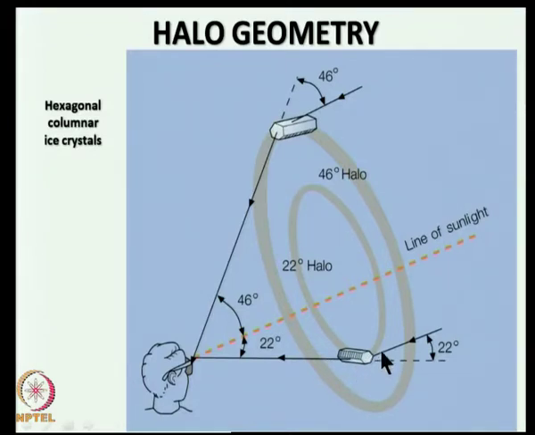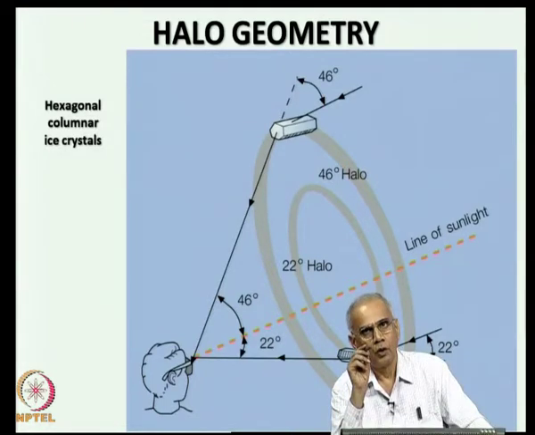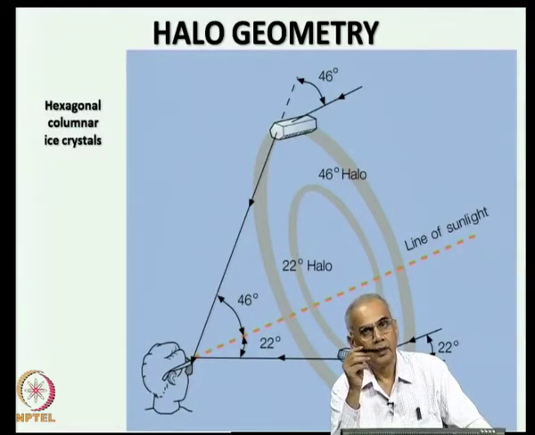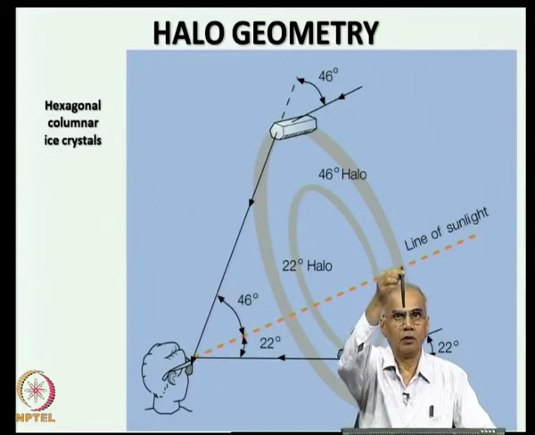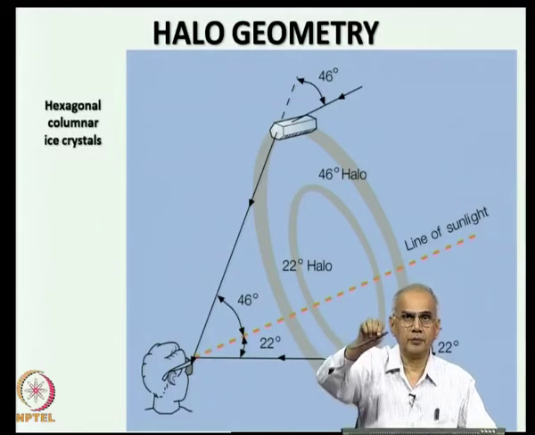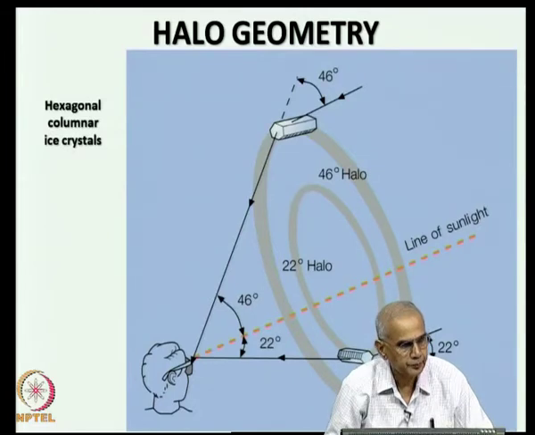So, whether you see a 22-degree halo or a 46-degree halo will depend upon whether the ice particles falling in the sky, they have to fall because they are heavier than air, whether they fall horizontally or vertically. So, that vertical horizontal will determine the kind of halo you see.